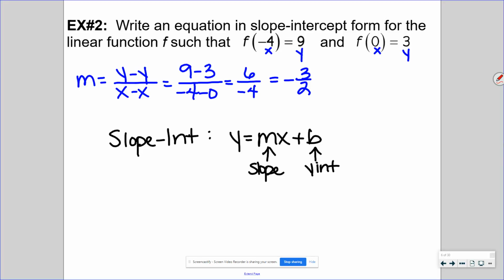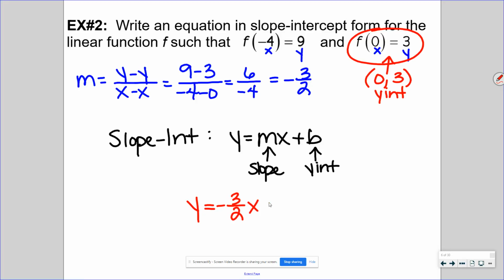The y-intercept is not given directly, but it is given. Think about where this point would be plotted had it been plotted on the graph. 0, 3 is that ordered pair. 0, 3 is on the y-axis, so that would be your y-intercept value. So you're going to take your slope and plug it in, take your y-intercept and plug it in, and you have your answer.